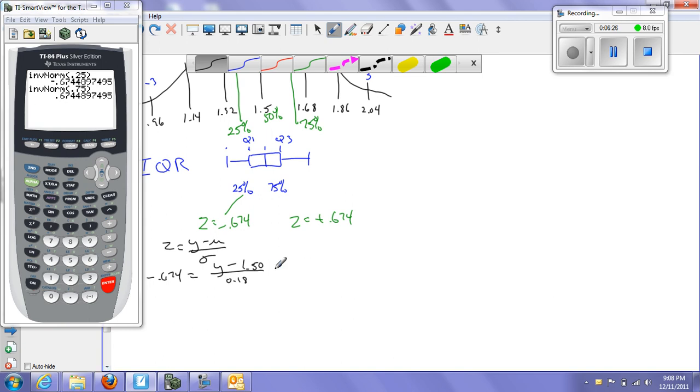I'm going to multiply both sides of my equation by 0.18 so I can cancel out my denominator.